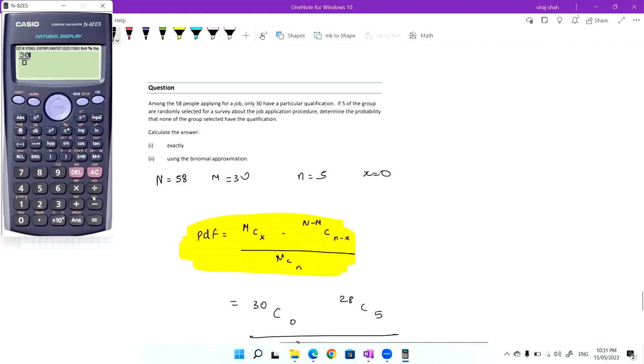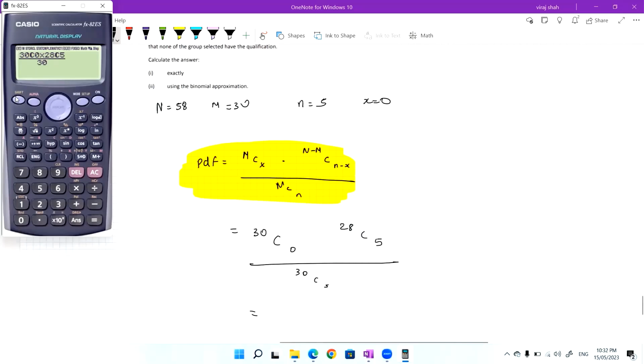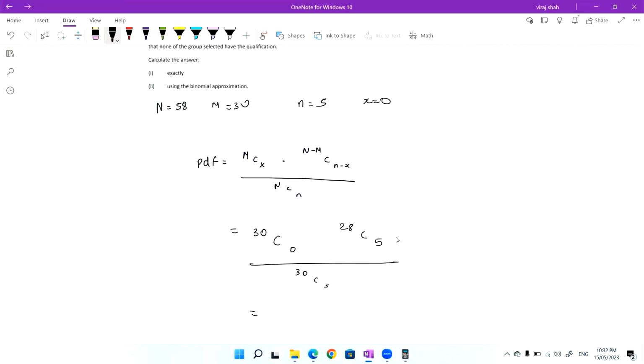30C0 multiplied by 28C5 upon, this is 58, this is capital N. I read it as 30, sorry, my mistake. 58C5.